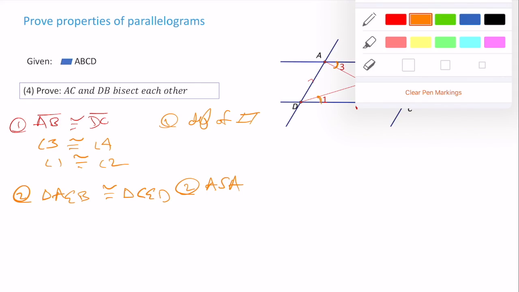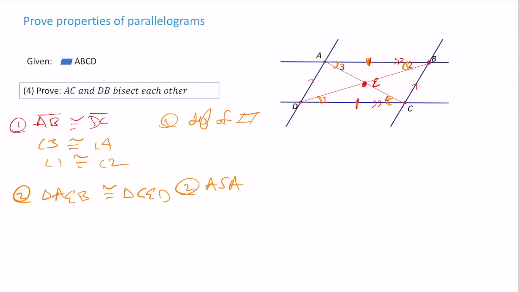So we know those are congruent. So if they're congruent, then we know all pairs of corresponding parts are congruent. So for instance, I know that AE is congruent to EC, so I'll write that down. And I also know that DE is congruent to EB.